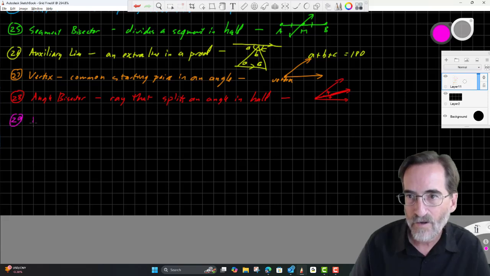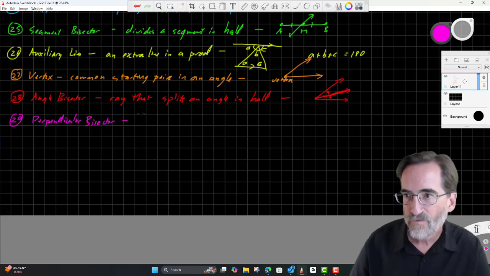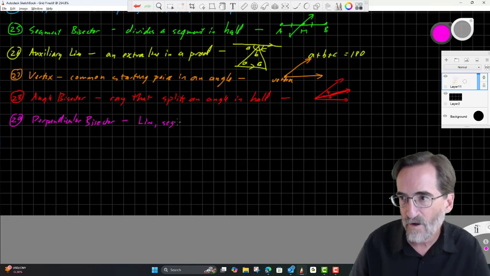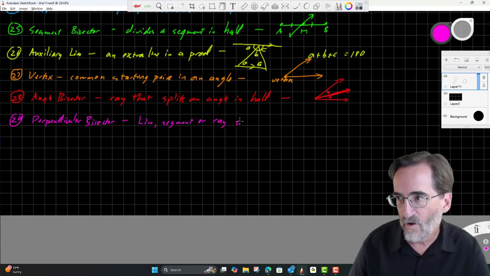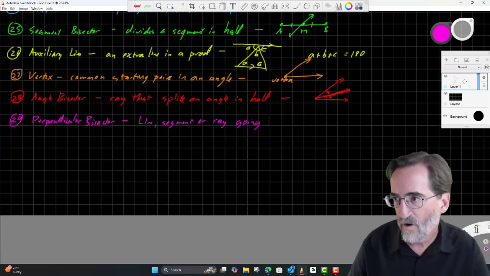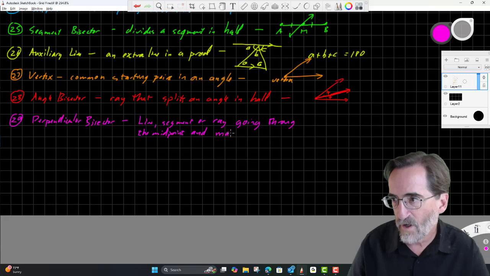29. A line, segment, or ray going through the midpoint and making a 90-degree angle.